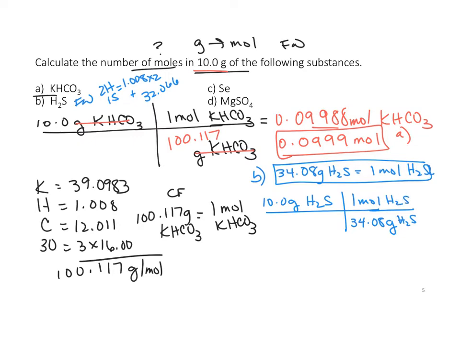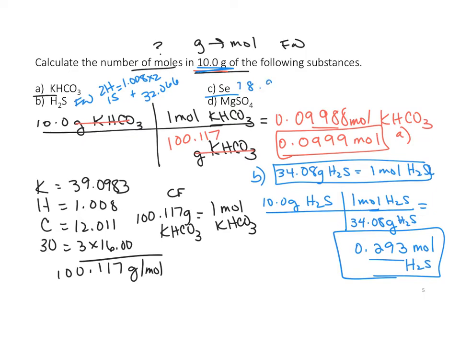So now you do 10 divided by 34.08, and you should get 0.293 mole of H2S. Now I have lots of numbers on my calculator, but because the given has 3 significant figures, I've rounded that to 3. All right, C, selenium. Selenium is just an element, and it's 78.96 grams per mole.